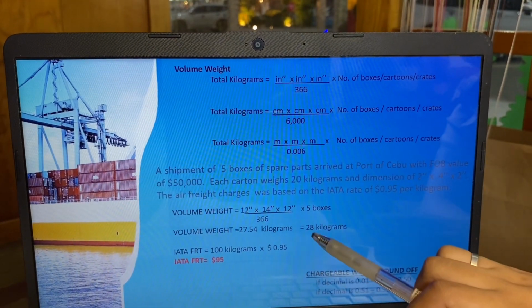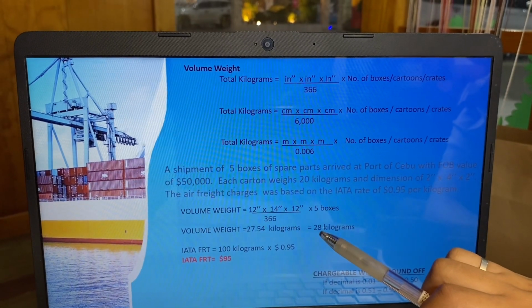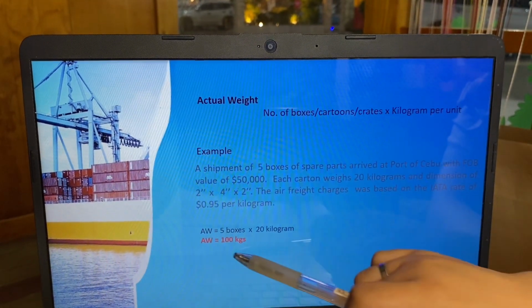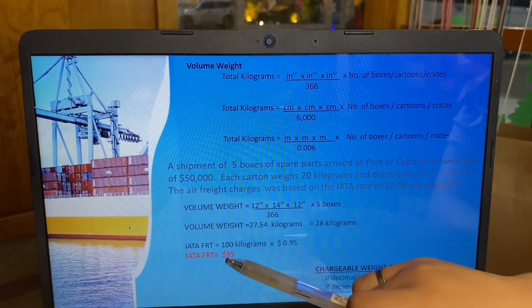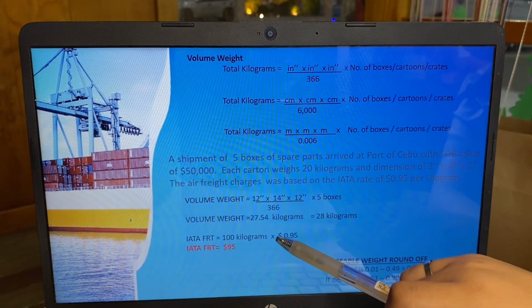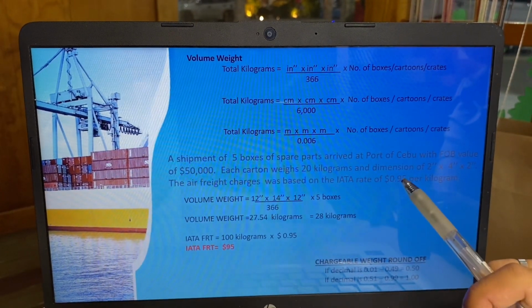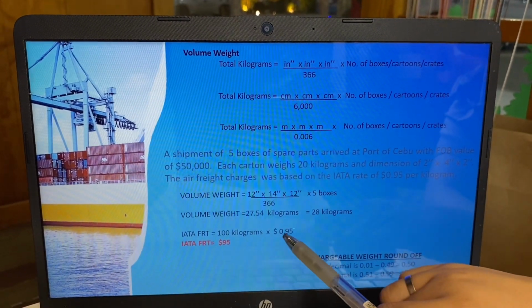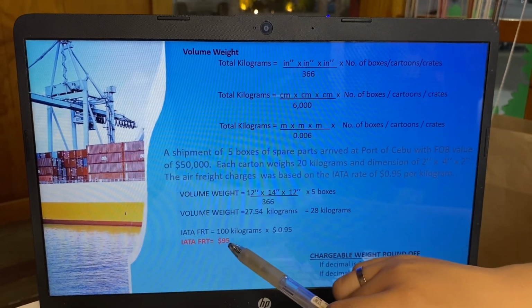That's why it became 28 kilograms. And then we're going to compare it with our actual weight, which is 100 kilograms. Whichever is higher, the 100 kilograms. So we're going to multiply this with our IATA rate, 0.95 US dollar. So 100 kilograms times 0.95 US dollar would be 95 US dollar.